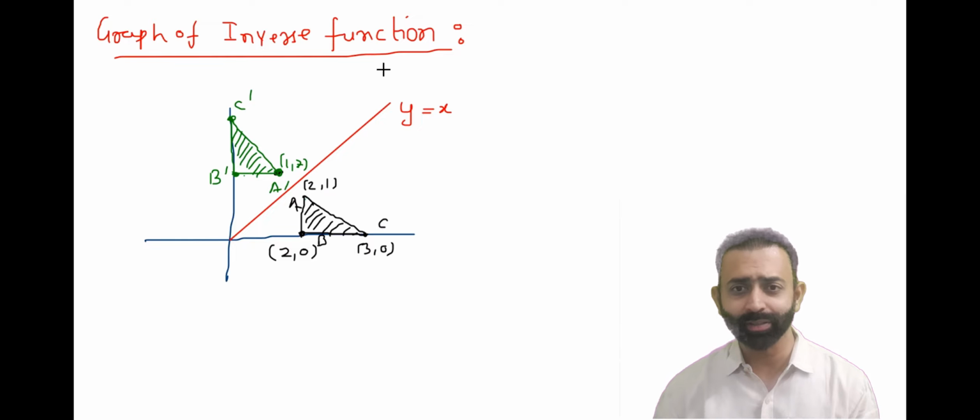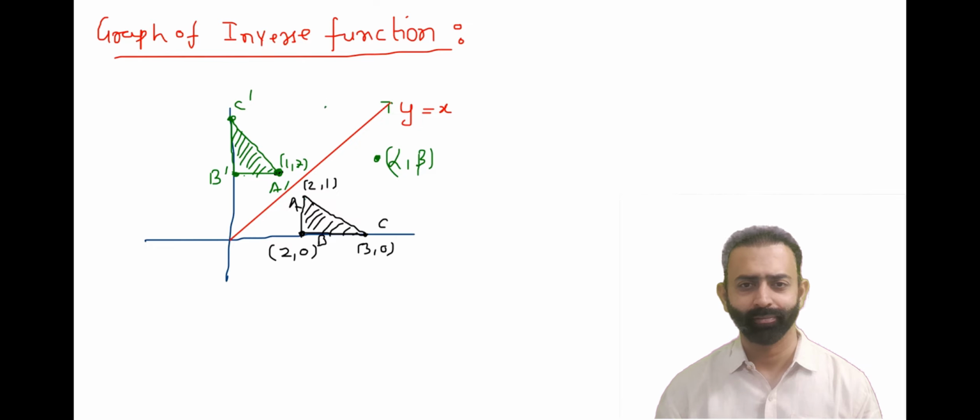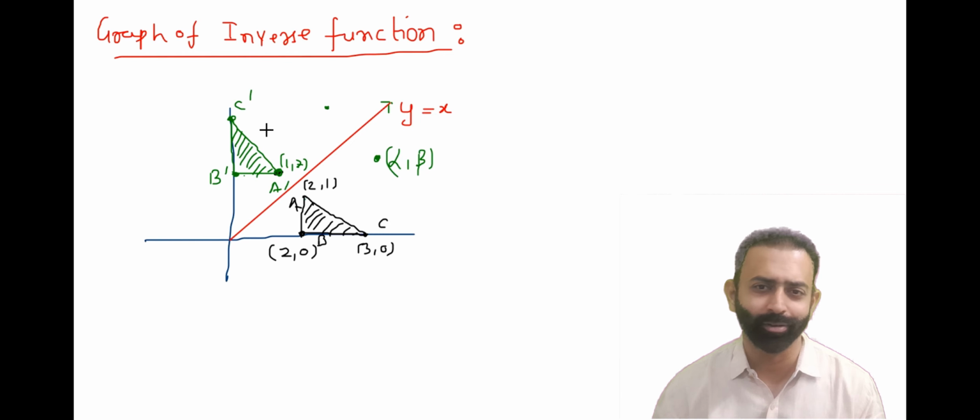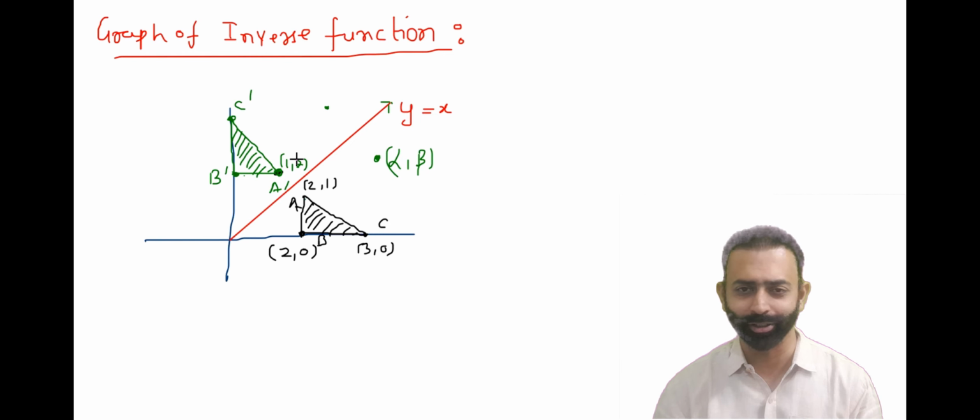You can prove this as your homework, or just for the sake of practice. You take any point (alpha, beta) and try to find out its mirror image in the line y = x. It's a very simple task. In IGCSE also and AS level also you have done this in coordinate geometry. That becomes (beta, alpha).